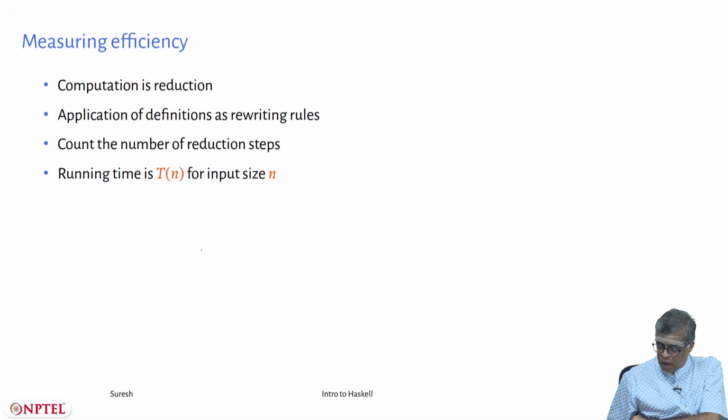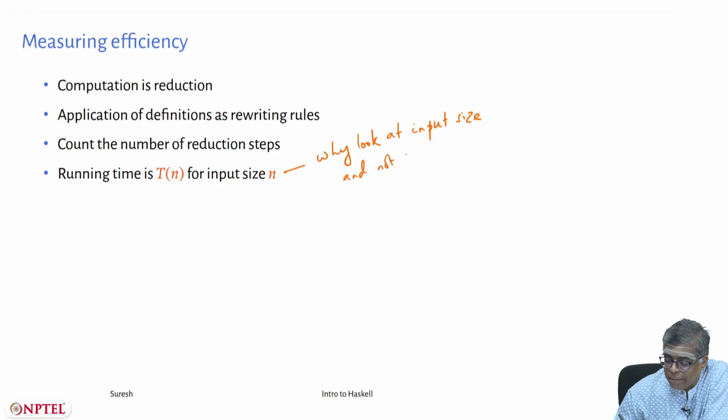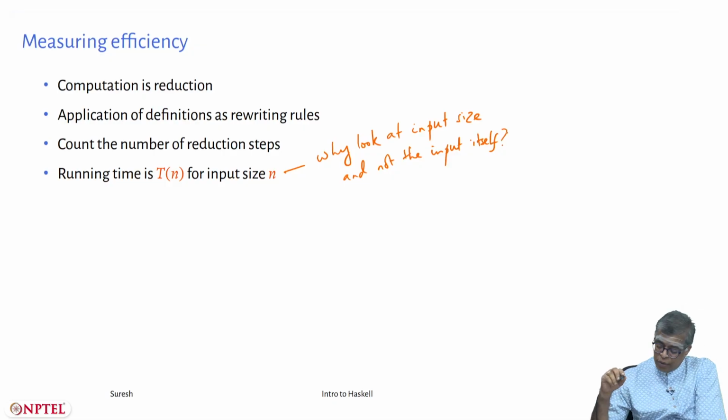Okay, why do I look at input size, and not the input itself? This is the most important question, and this is the most important decision when it comes to figuring out the time complexity of programs.